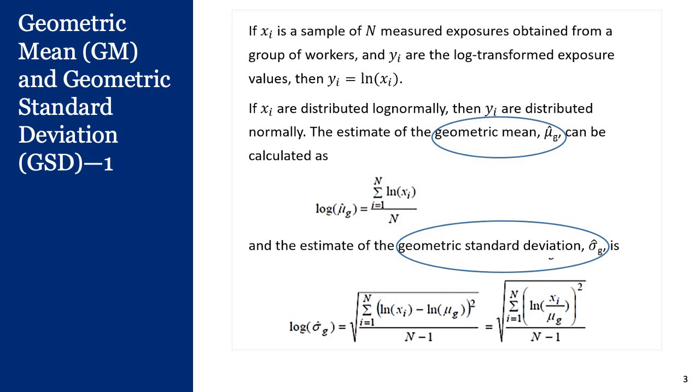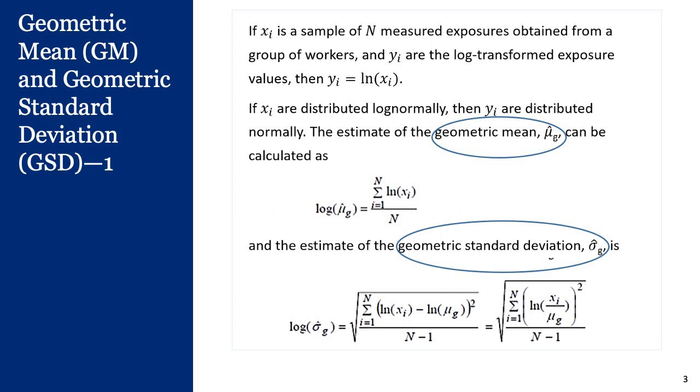So it's exactly like you would take an arithmetic mean, except that you are taking the arithmetic mean of the log transformed values. What you end up with is the log of this geometric mean. If you then exponentiate this term, you get the geometric mean mu sub g.